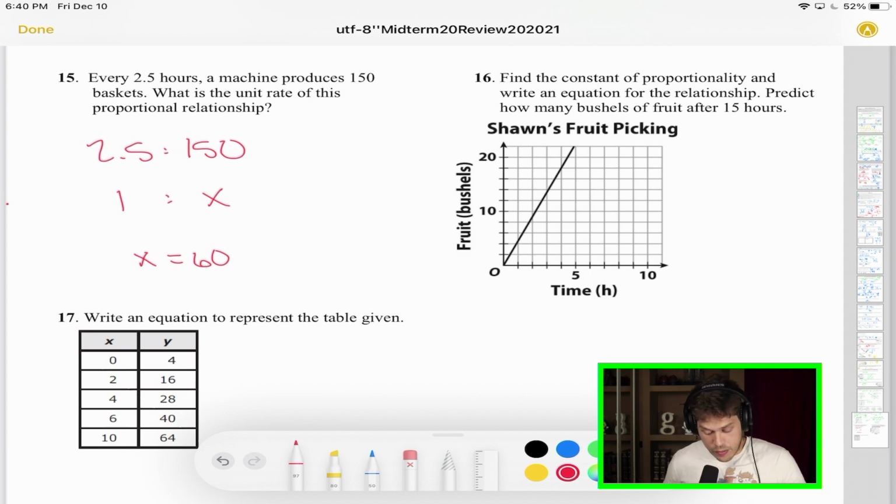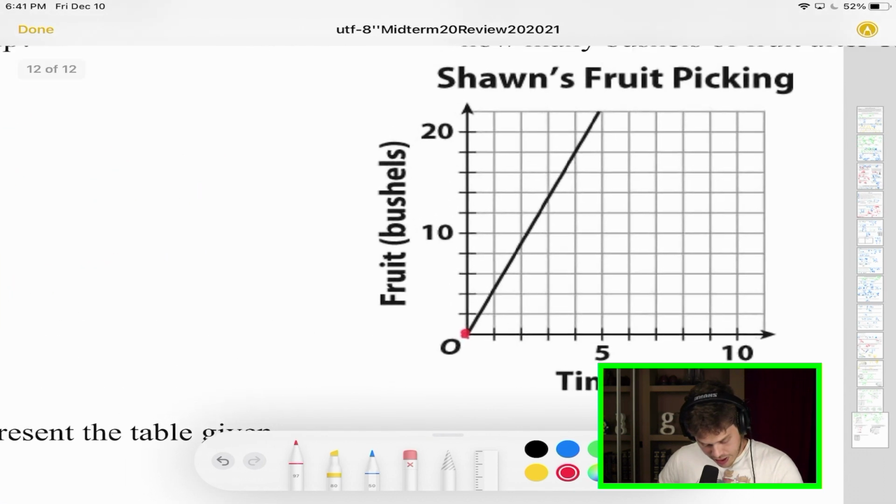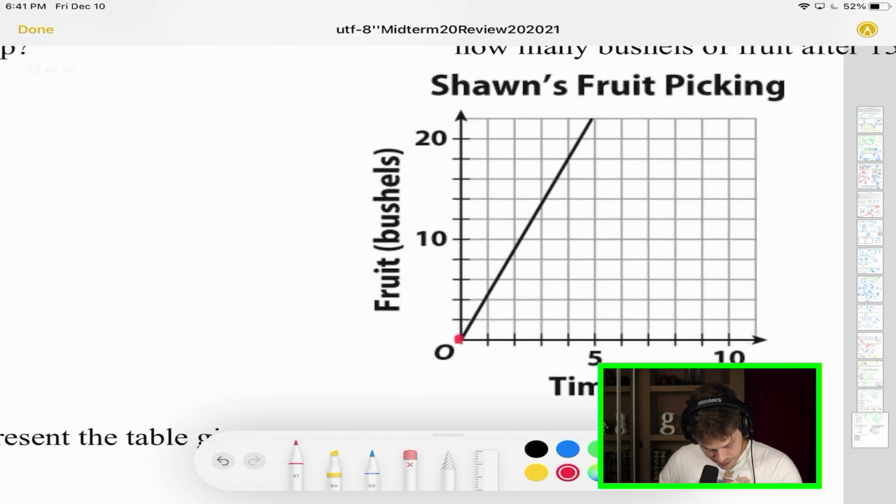Find the constant of proportionality and then write the equation for the relationship. Again, constant of proportionality, that just means the slope. Okay, so look for 2 points on the graph that you can definitively say, so this is a good spot. This looks the best to me. So here we have 0, 0, and here we have 4, 10, 12, 14, 16, 18.